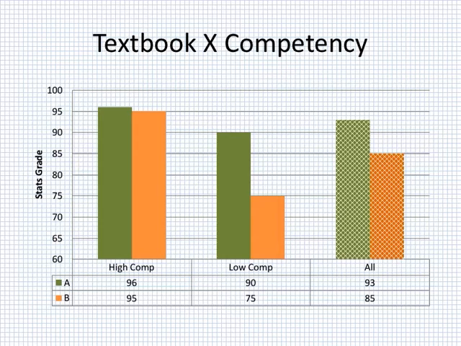Those that have taken more stats courses in the past, regardless of which textbook they use, have roughly the same scores. However, for those at a beginning level that haven't taken many stats courses, those that use textbook A had significantly higher scores than those that use textbook B, one having 90 and one having 75. So that's an interaction effect.